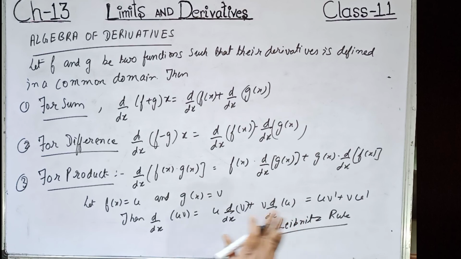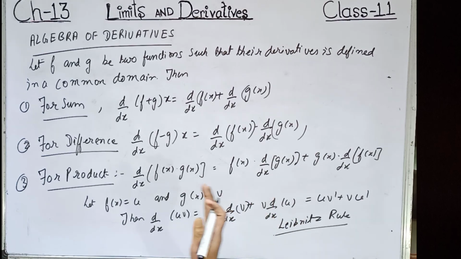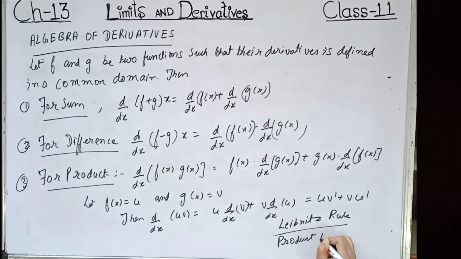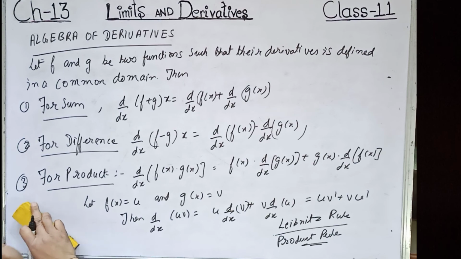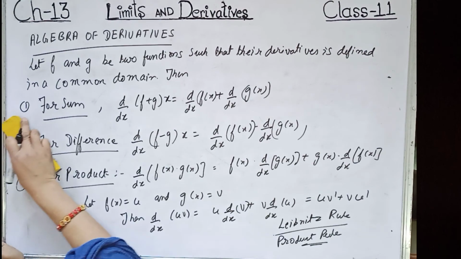So remember over here, the derivative of the product of two functions is given by this, which is also called the product rule. Okay. Now let us go for the quotient, or when the division of two functions is there.